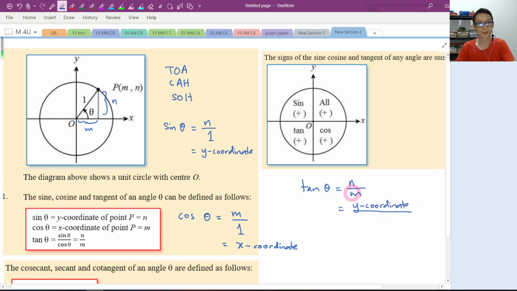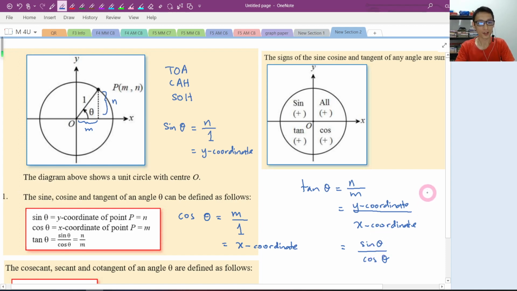And what's m? m is the x coordinate. From here we also know that the y coordinate is sine theta, and the x coordinate is cosine theta. Okay, remember this: tangent theta is equal to sine theta over cosine theta.